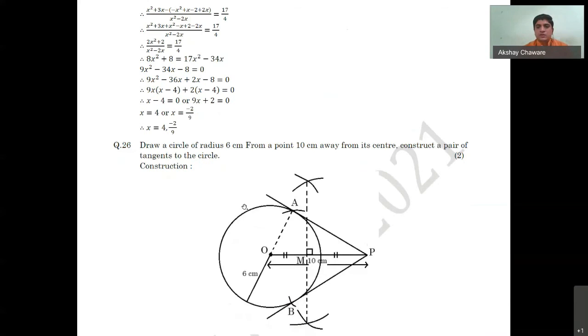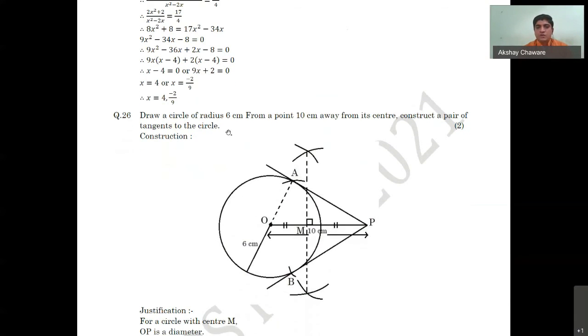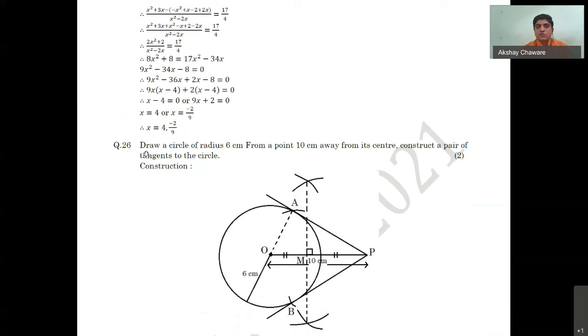And in question number 26, there is a construction, and the steps of construction are: first we have to draw a circle of radius 6 centimeter. Then from a point 10 centimeter away from its center, so we have to take one point in the exterior of the circle, at a distance of 10 centimeter from the center.